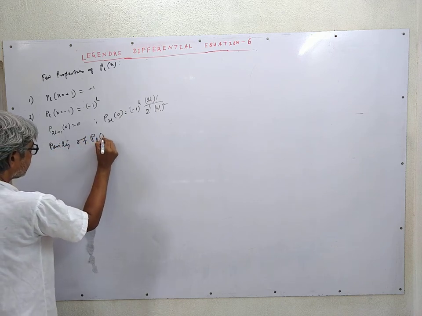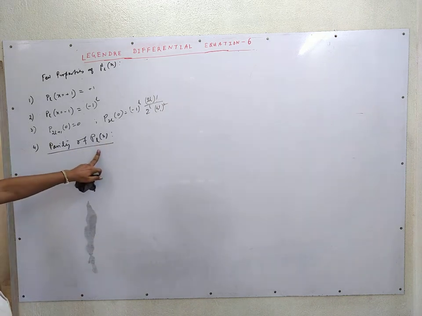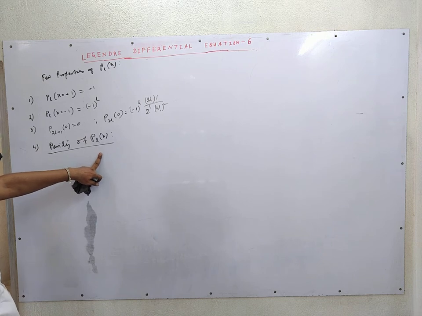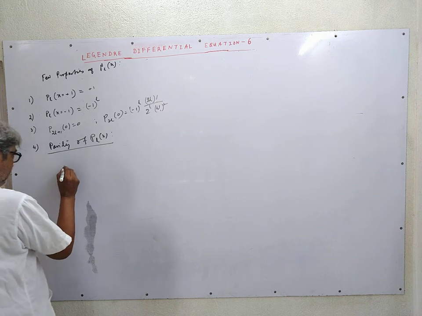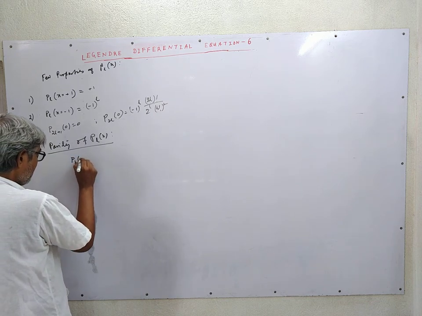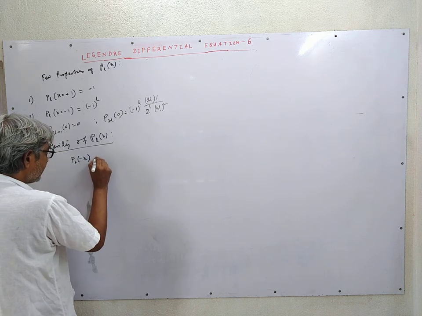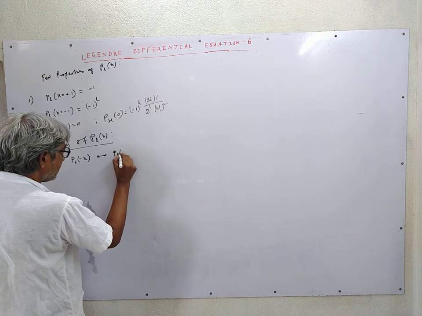We are now going to address this. We see that for L even, P_L has even parity, for L odd, P_L has odd parity. How to prove this? That is, our question is to get P_L of minus x, how it is related to P_L of x. This is the question.